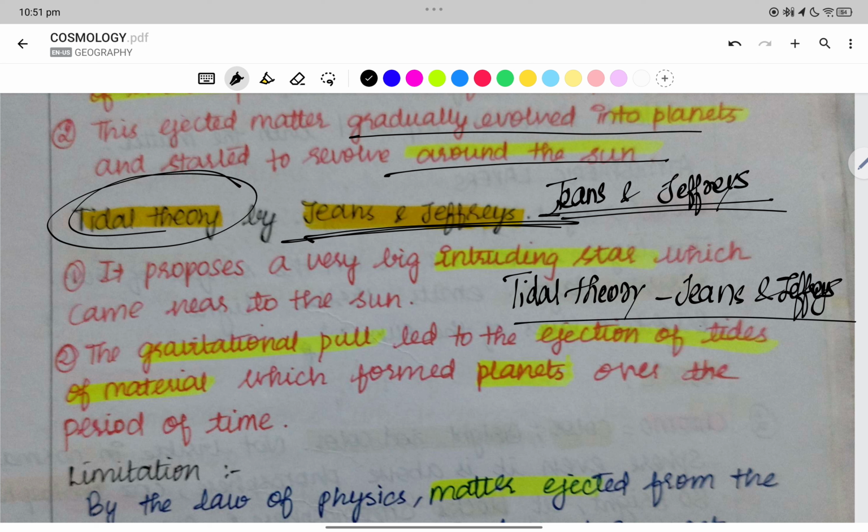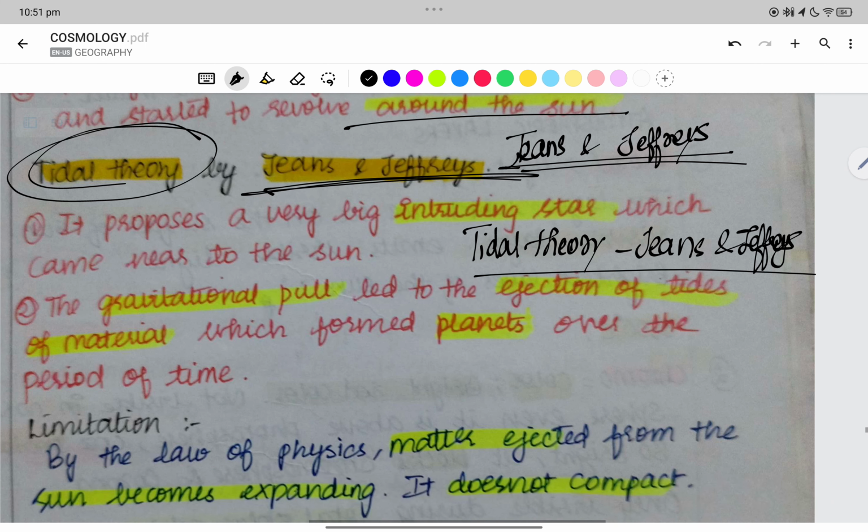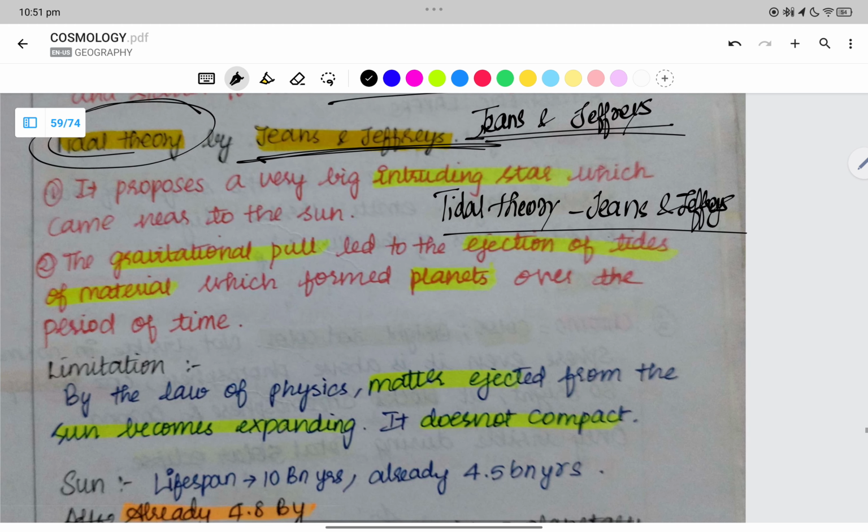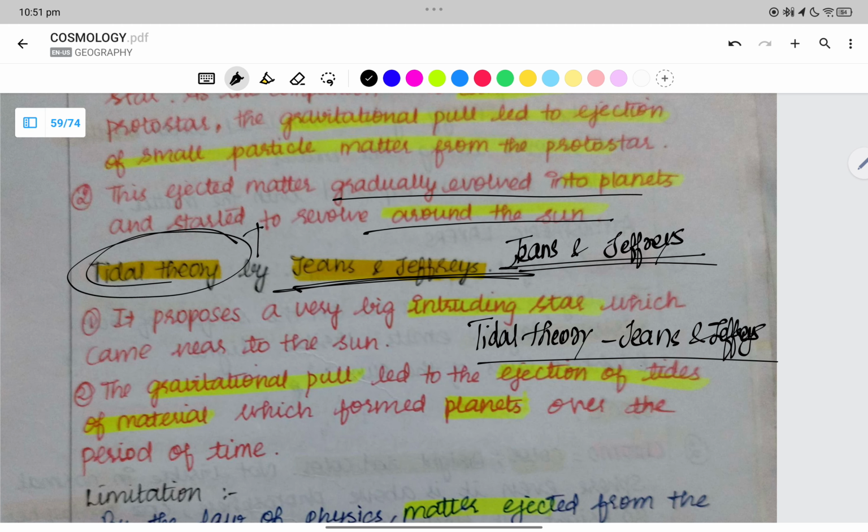If we go back, the nebular hypothesis is by Laplace. Further back, the gaseous hypothesis is by Immanuel Kant. Now we have the tidal theory, right? The tidal theory is by Jeans and Jeffreys.